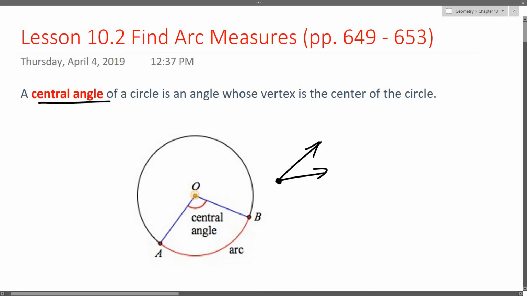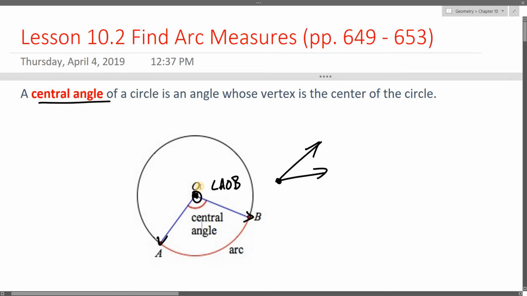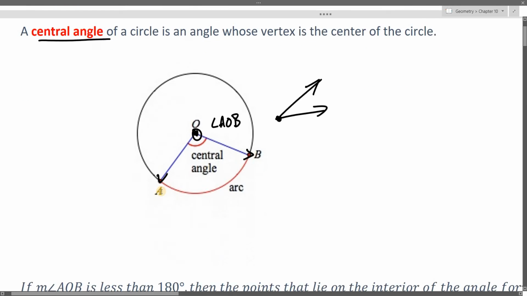So over here, vertex O is given to us, and we've got A and B, and we would normally call this angle AOB. We call this particular one a central angle because its vertex is at the center of the circle, and that's what we're talking about in this lesson. So a central angle of a circle is an angle whose vertex is the center of the circle.